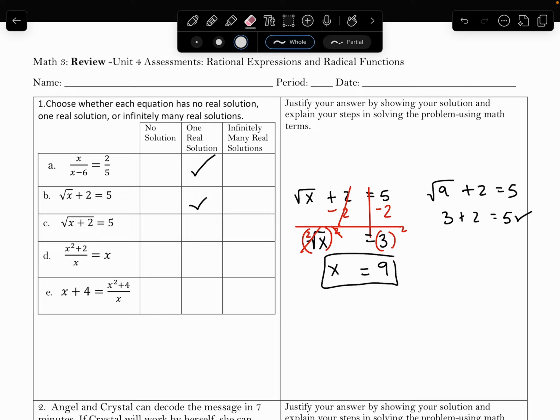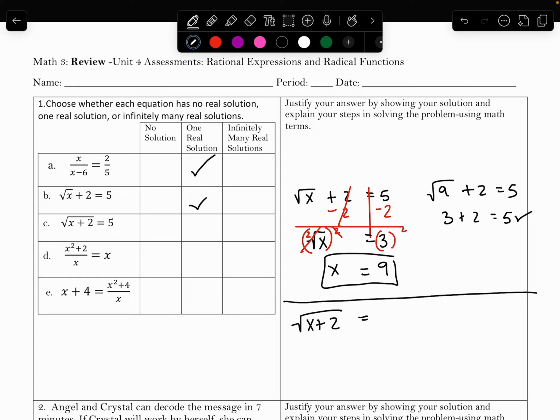Okay. Now let's compare it to square root of x plus 2 equals 5. Here we have to remove the radical first because it's already isolated. The radical is already isolated.